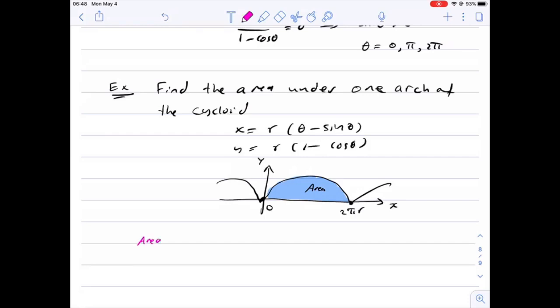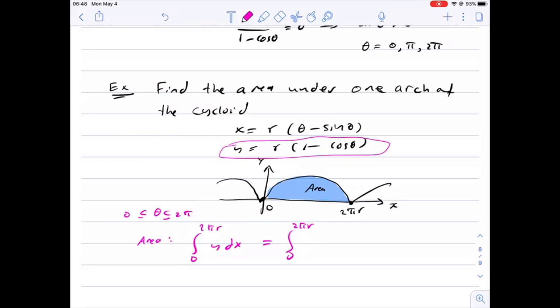Now to find this area, if we restrict ourselves to theta from 0 to 2 pi, then the area in this case is given by the integral from 0 to 2 pi r of y dx, but y is this expression. So this is 0 to 2 pi r of r times 1 minus cosine theta times dx. What is dx? dx is r times 1 minus cosine theta.